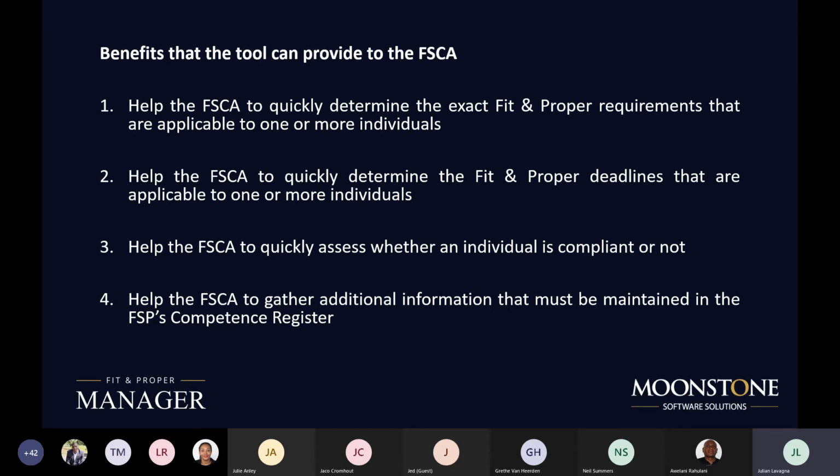For example, product-specific training, class of business training, and completed CPD activities. By expanding the list of requirements that must be reported on, the regulator can potentially increase its supervisory oversight, thereby reducing the risk of failing to remove individuals who should not be allowed to render financial services.